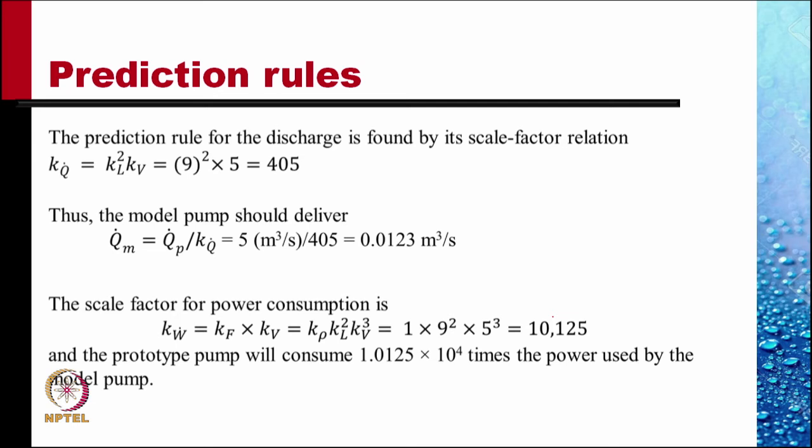So this gives you a power scale factor of 10,125. So the prototype will consume more than 10,000 times the power used by the model pump. I hope you appreciate the ease with which you can make the prediction rules based on simple relations of scale factors.